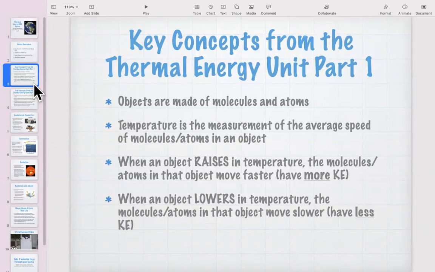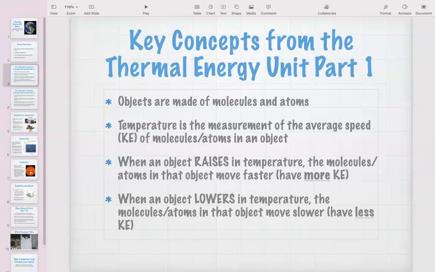So this is part 1 of your key concepts. Objects are made of molecules and atoms. That's something we established at the beginning of the year, and that should become very natural to you at this point. Temperature is the measurement of the average speed of the molecules and atoms in an object. When we say speed, you can also remember that we're talking about kinetic energy.